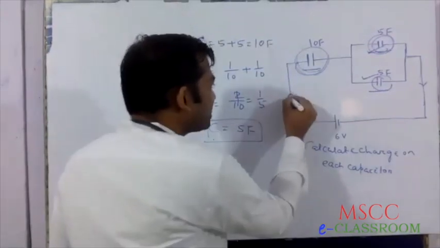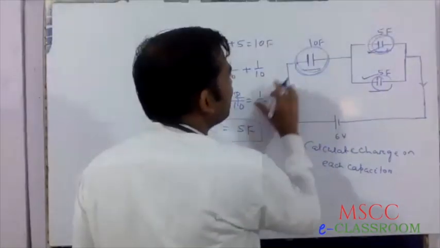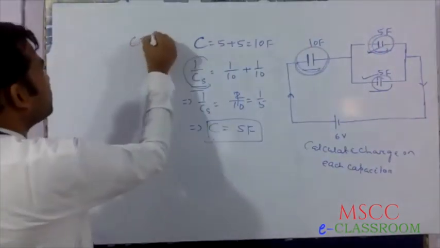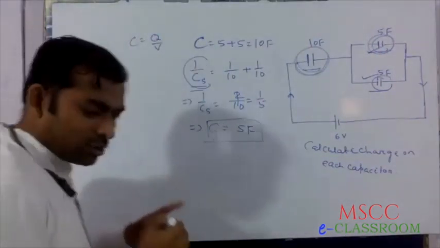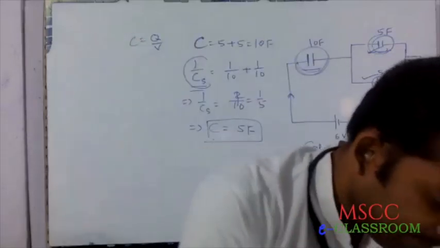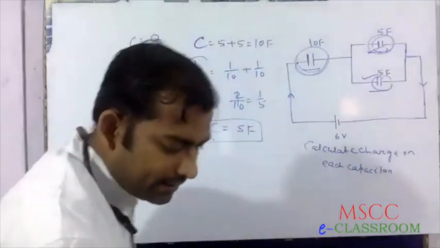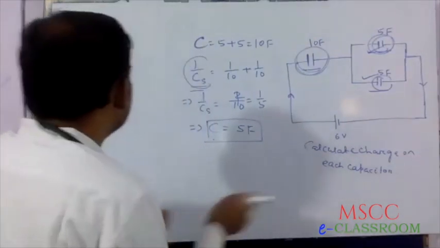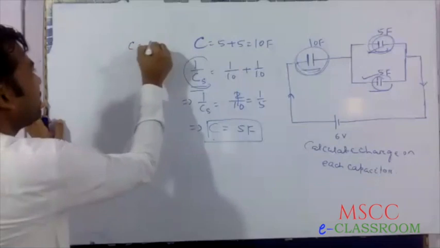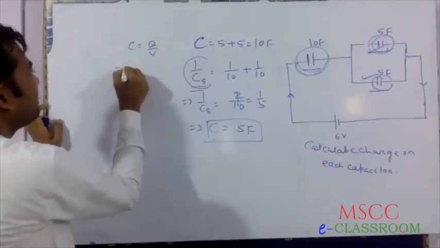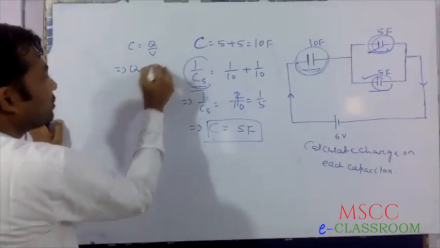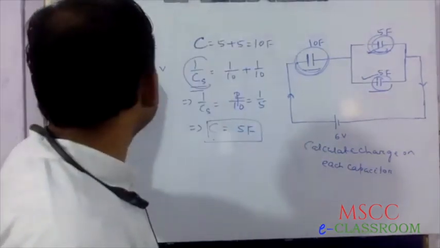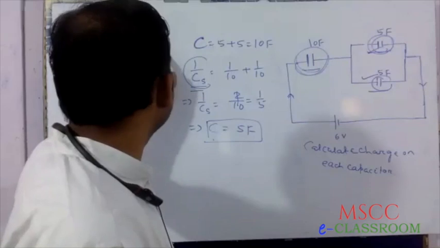Now the total charge drawn from the circuit. Dear students, carefully, we know C equals Q by V. That implies Q equals CV.